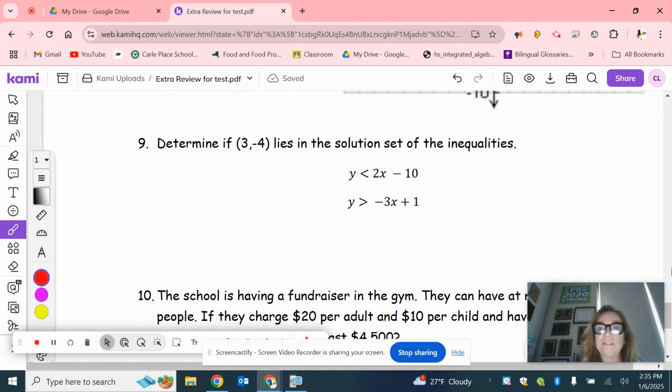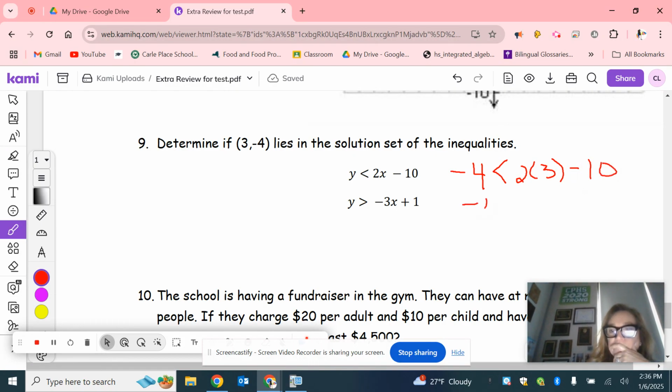Okay, determine if this point lies in the solution set. So I'm basically looking to see whether it makes it true or not. Okay, so I'm going to plug it in. So -4 is less than 2 times 3 minus 10. -4 is less than -4.